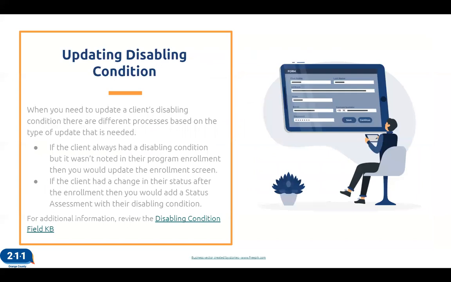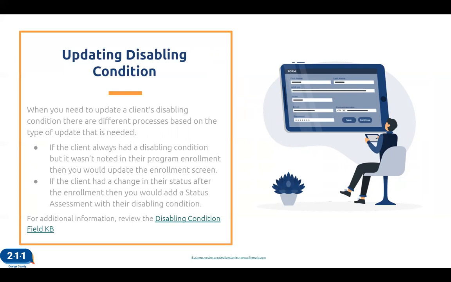Good morning, everyone. I wanted to go over updating the disabling condition for a client. As you are dealing with the client profile and client enrollment, you may have instances where you need to update the disabling condition for the client. There are 2 different scenarios that will help you decide which type of update you need to do.